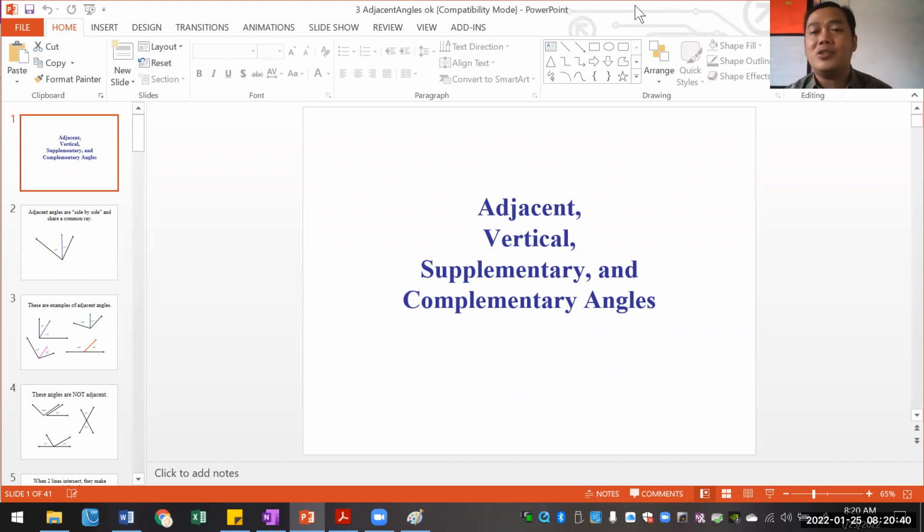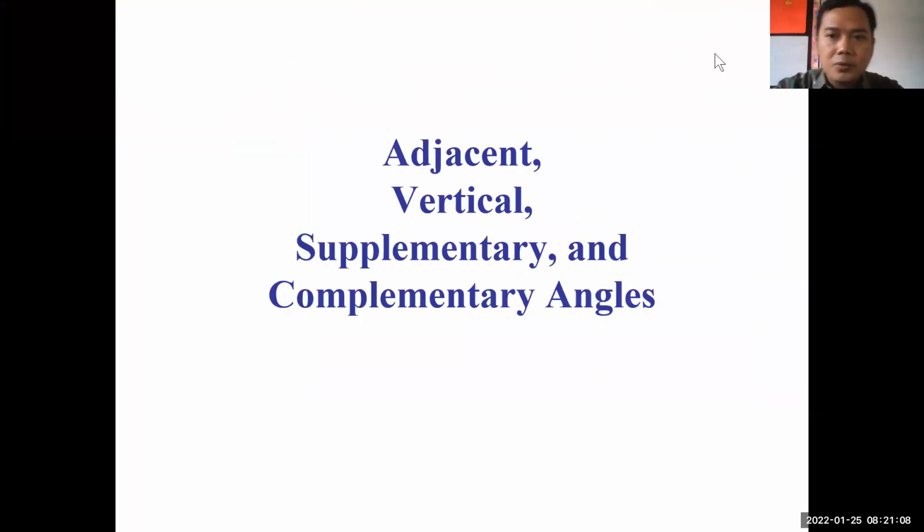Maybe vertical, yes, you know vertical, horizontal, but maybe you have just heard about adjacent, supplementary, and complementary angles. Although you have learned this in primary, I don't know if they taught you in English or not, but now we're going to use full English, so I would like you to write down any new vocabulary in your notebook, okay? So I'm going to start. Here we go.